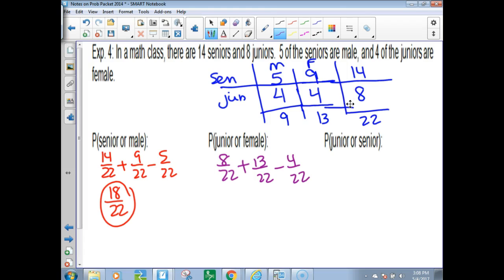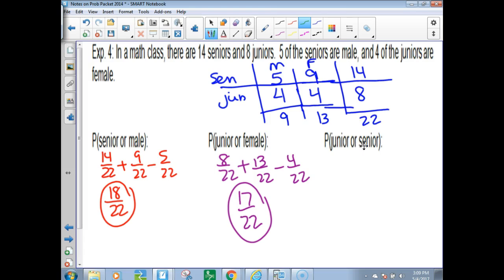Otherwise, you could say, there are 8 juniors, and then there are 9 more females that are seniors. You should be getting 17 out of 22. And it works either way.